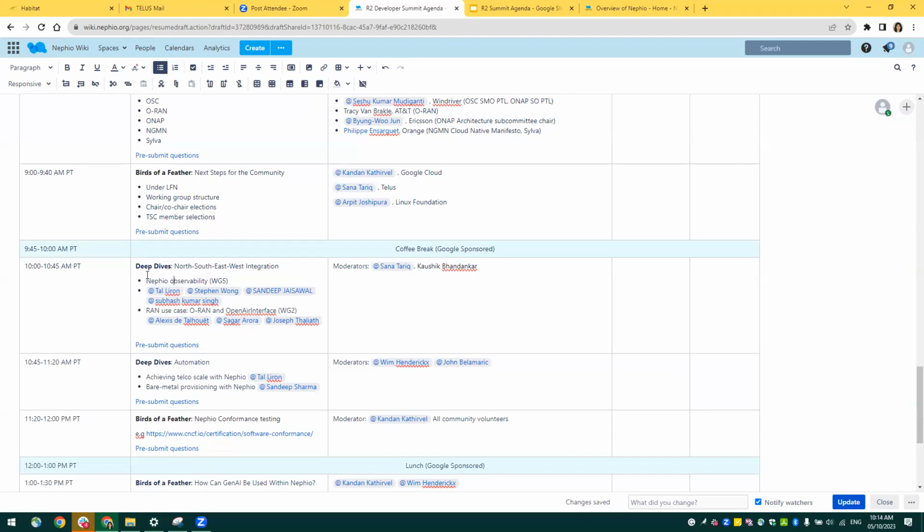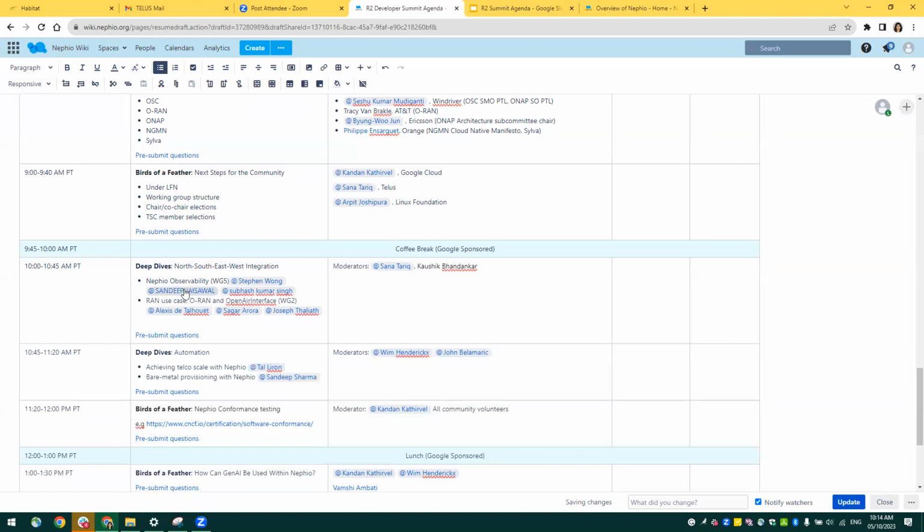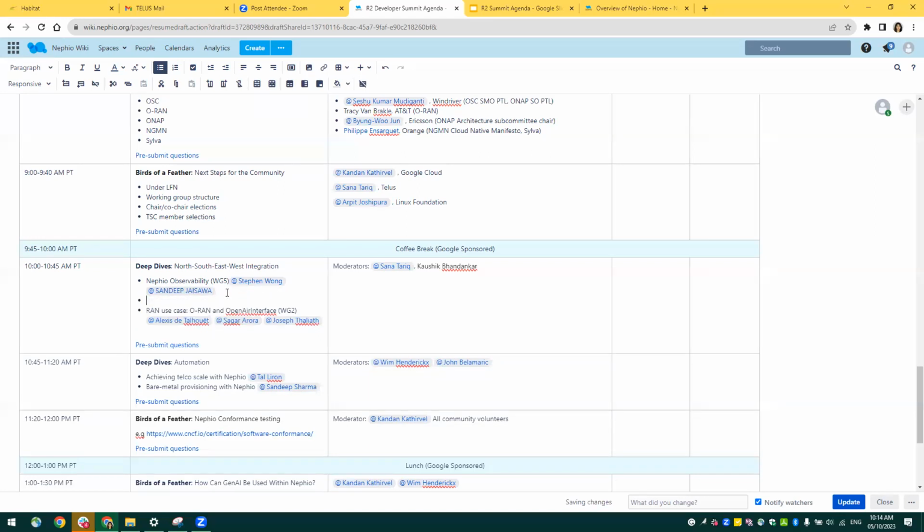Okay, so the first one is observability with Sandeep and Stephen, and we'll take the next one for Tal and Subhash. I think that makes sense. Start with the observability, then build up with service assurance. Yes, I agree. I think it's resolved everything.